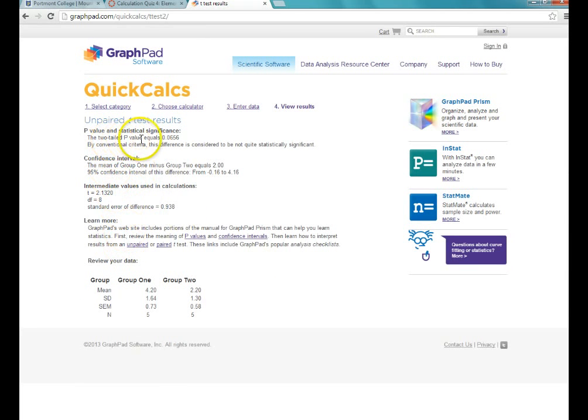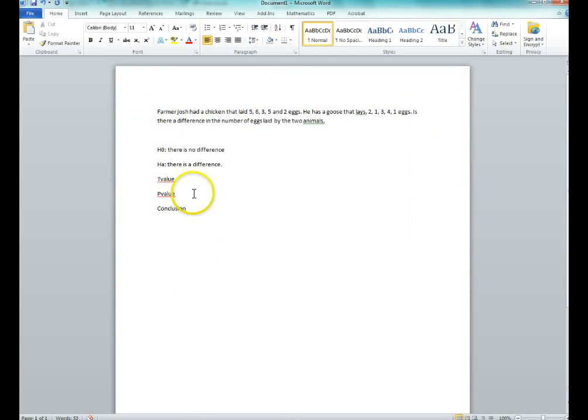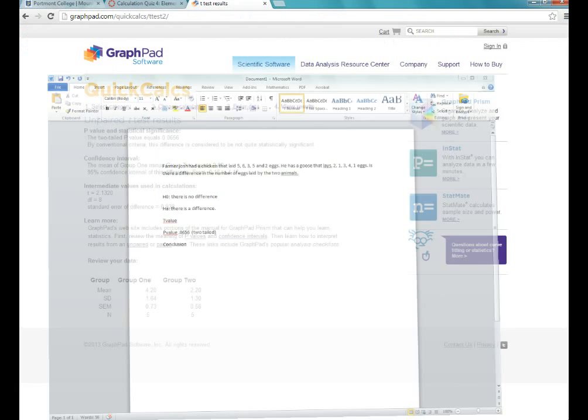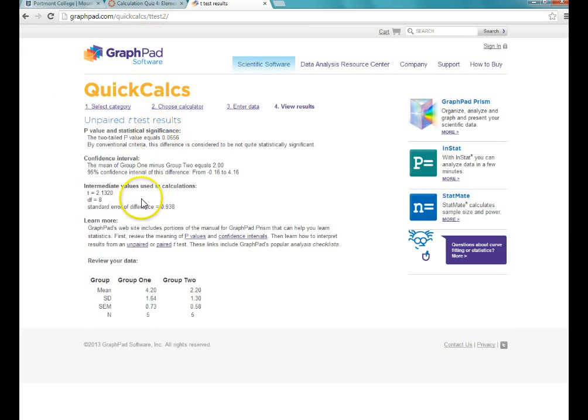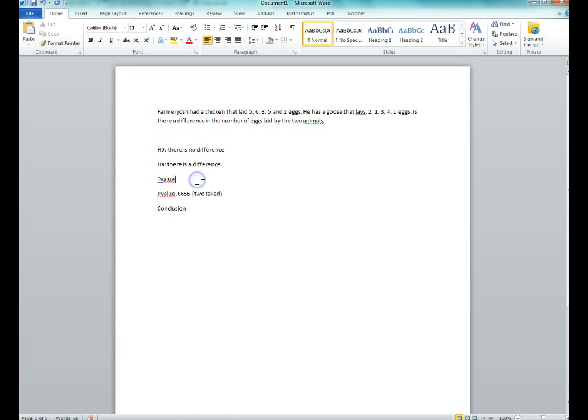Okay, looks like we have a p-value of 0.0656, two-tailed, because the question is whether there is a difference, as opposed to one being higher or one being lower. And then the t-value was 2.132.